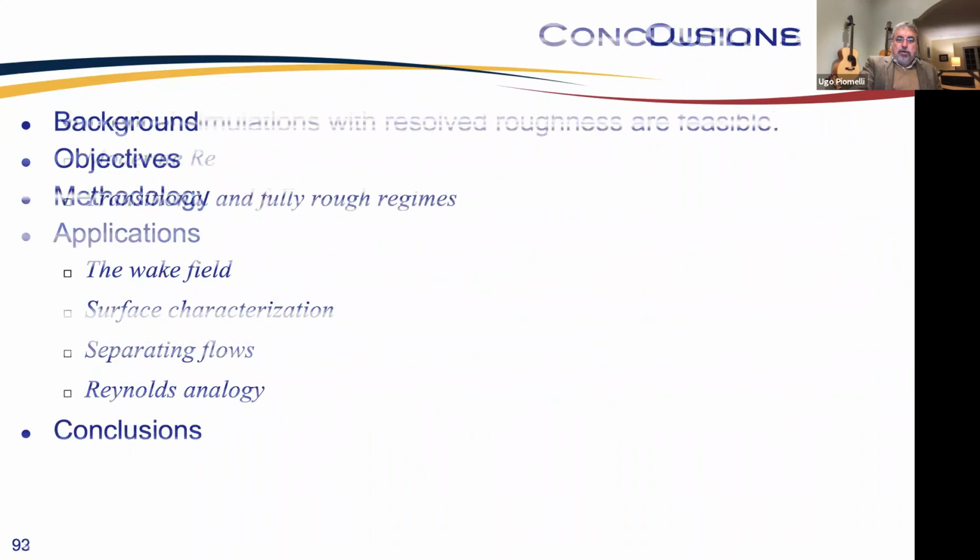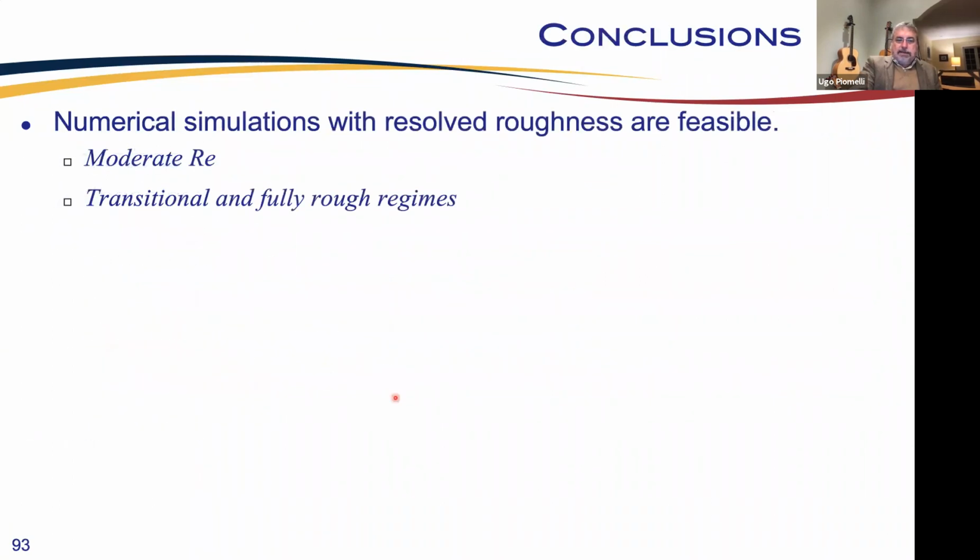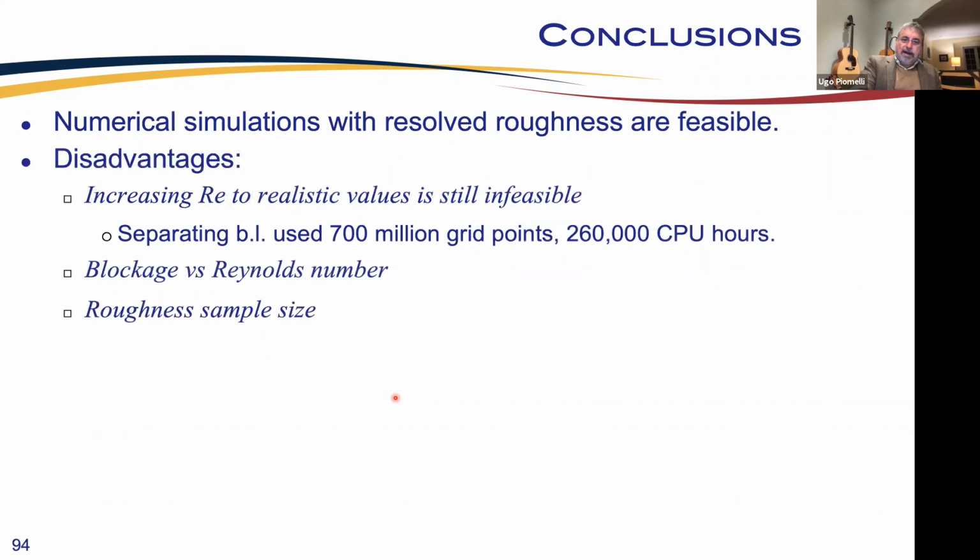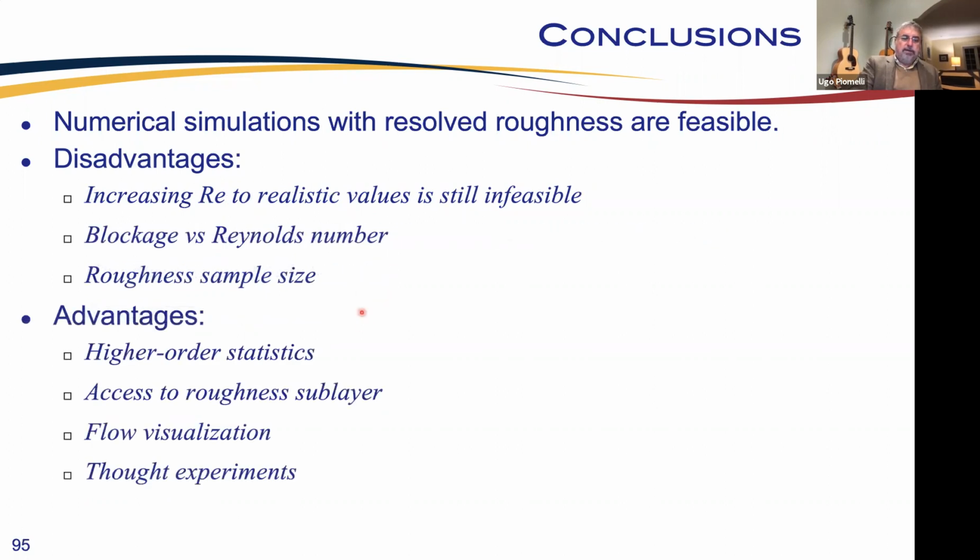So let me conclude by saying that I've shown some simulations with resolved roughness, which are obviously feasible. The Reynolds numbers are still moderate, not tremendously high, but they allow us to get to the fully rough regime. Getting to realistic values of Reynolds number is still infeasible because of the various constraints that I've mentioned.